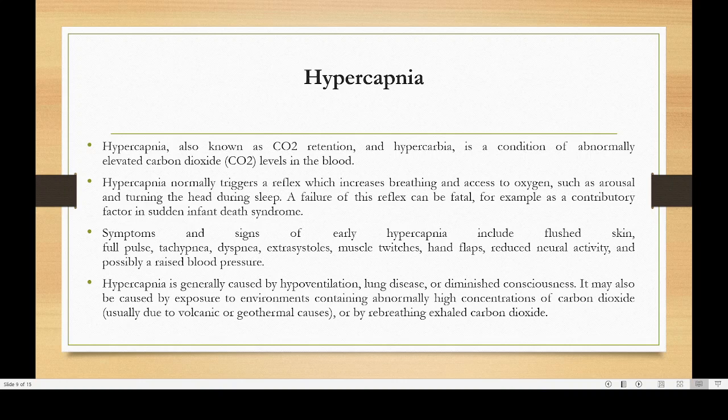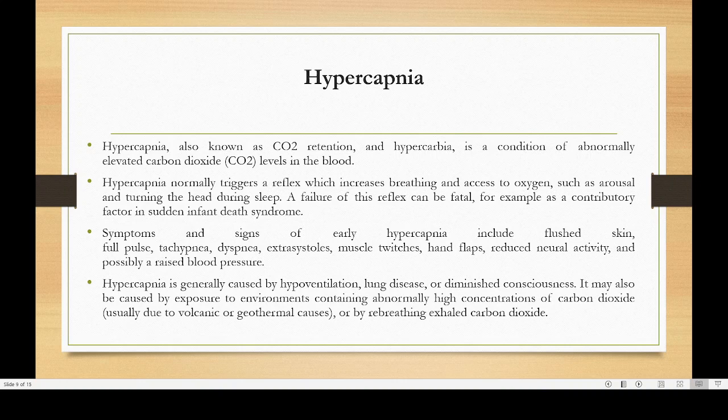This hypercapnia usually triggers a reflex in your body that increases your breathing rate and access to oxygen. For example, when you are sleeping with your head turned to one side, because of the pillow obstructing it, there may be too much carbon dioxide.